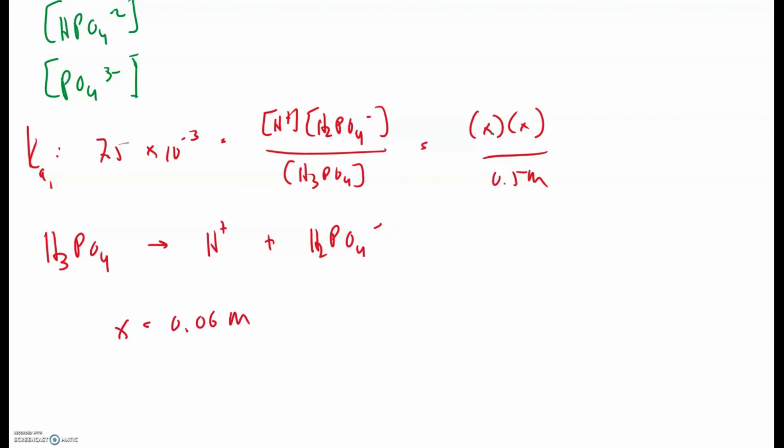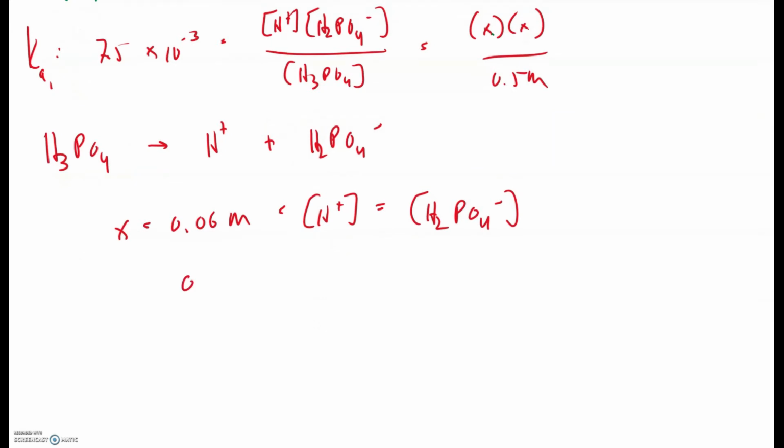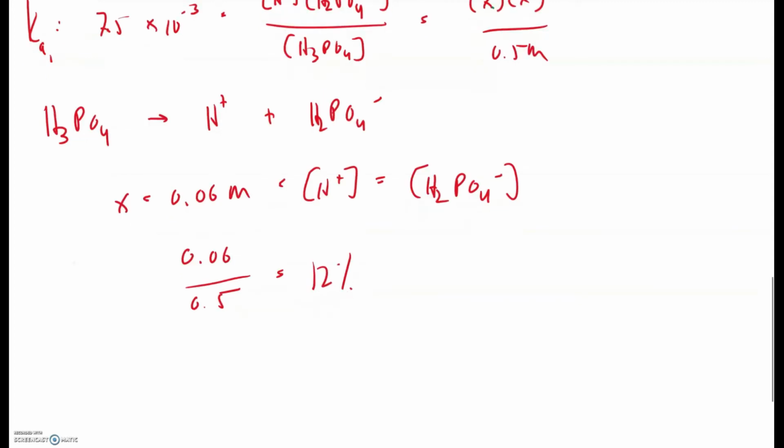And you could easily plug that into H plus and also find pH and also H2PO4 minus. They're the same thing. Problem is that if you do this, this is 0.06 molar over 0.5, and this comes out to be 12% dissociated, which means we can't approximate.